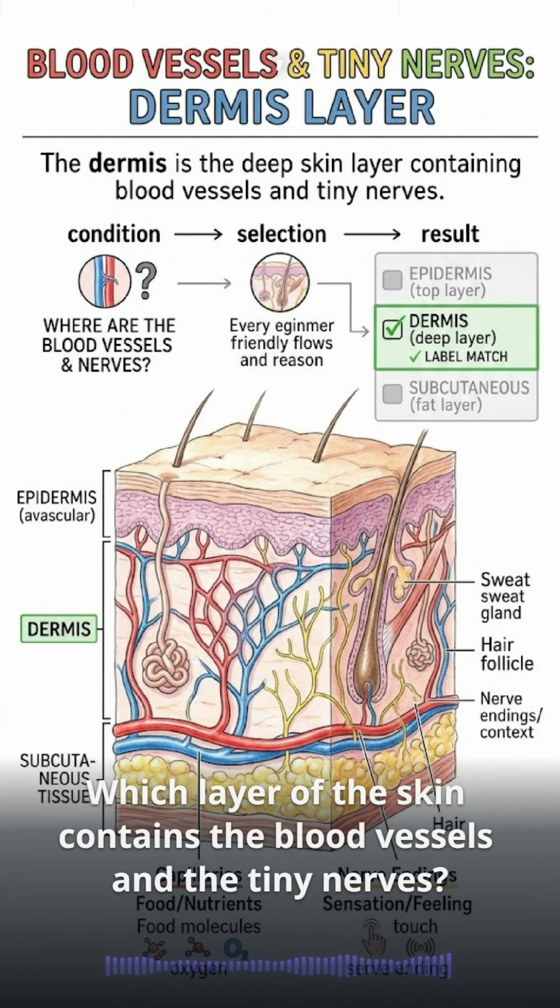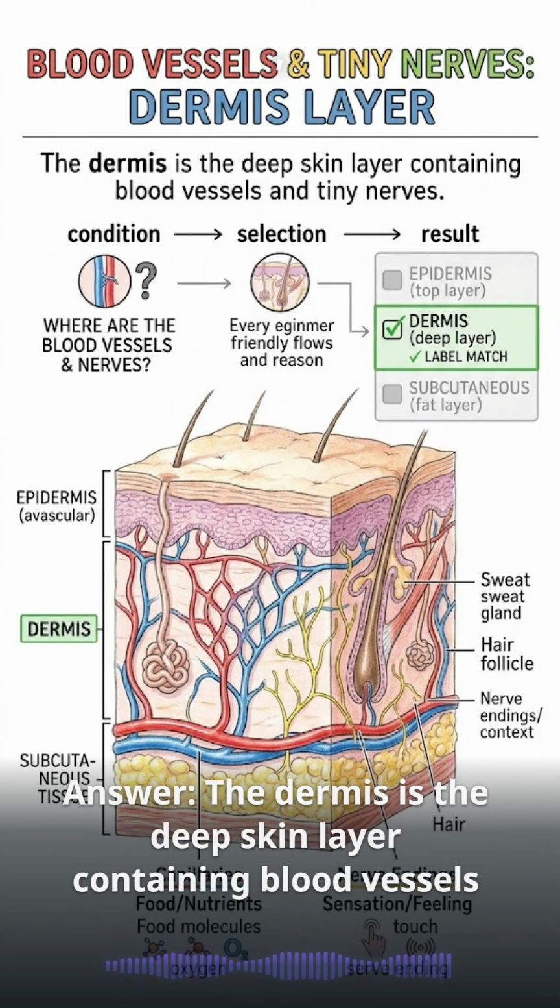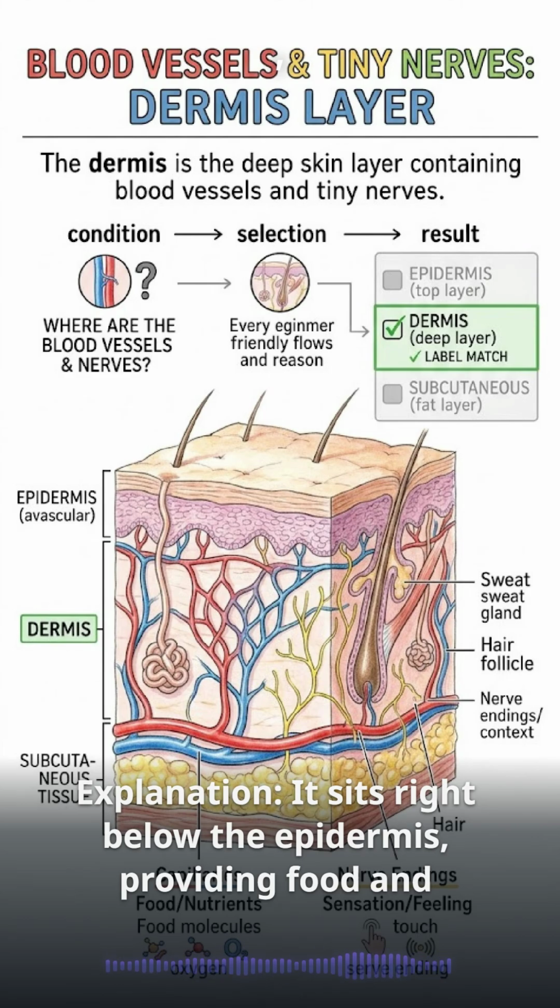Which layer of the skin contains the blood vessels and the tiny nerves? The dermis is the deep skin layer containing blood vessels and tiny nerves. It sits right below the epidermis, providing food and feeling to your skin.